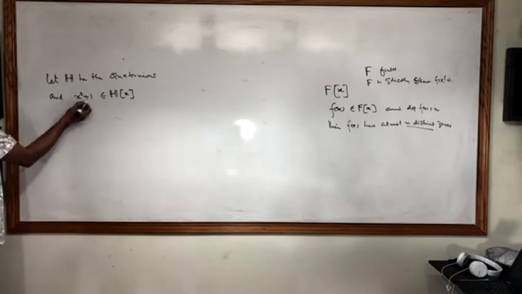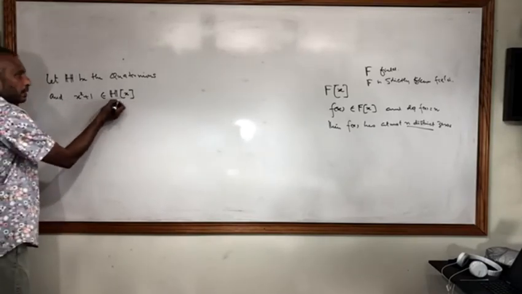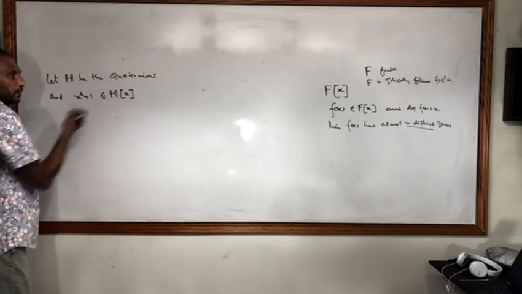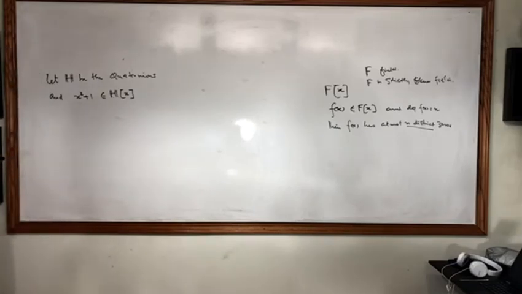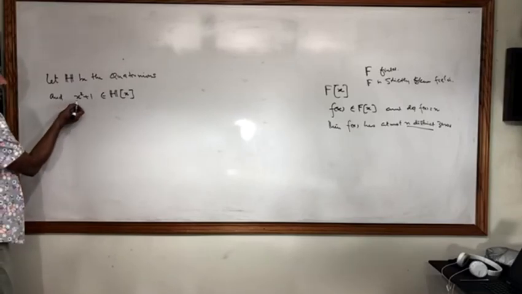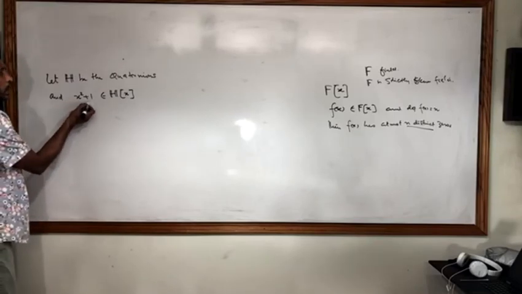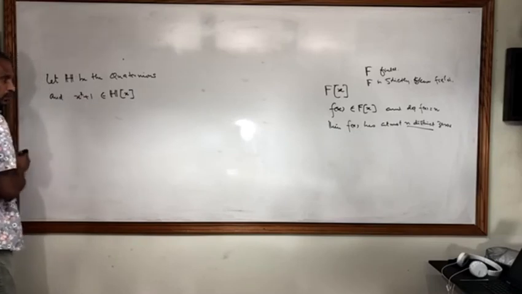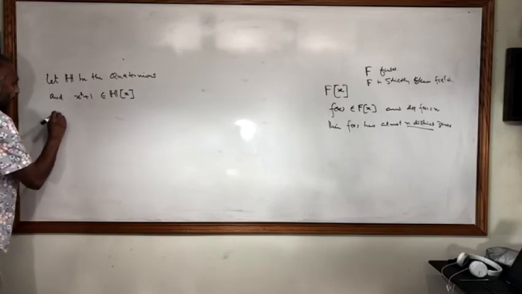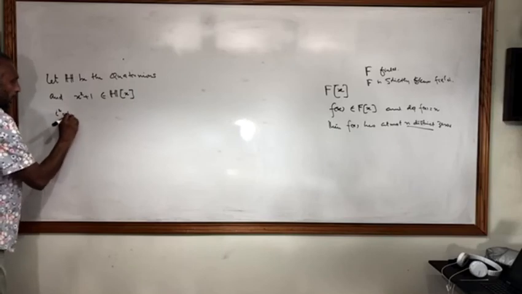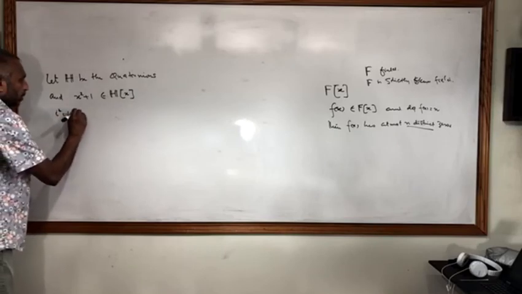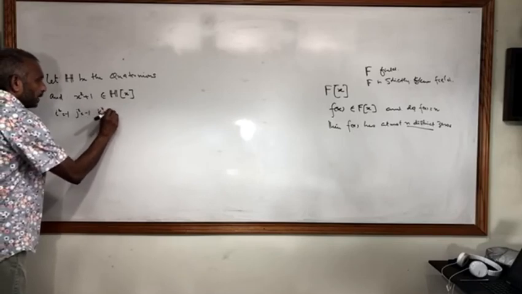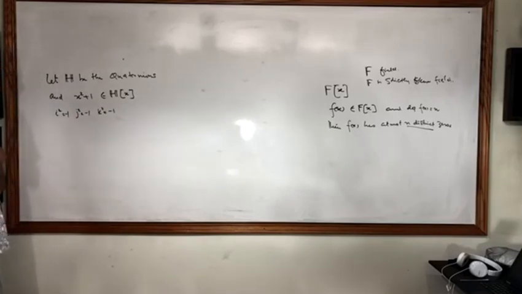So this is a polynomial in this ring of polynomials. What we are going to show is that this polynomial can have more than 2 zeros. i square is minus 1, j square is equal to minus 1, and k square is also equal to minus 1. That is how we defined it.